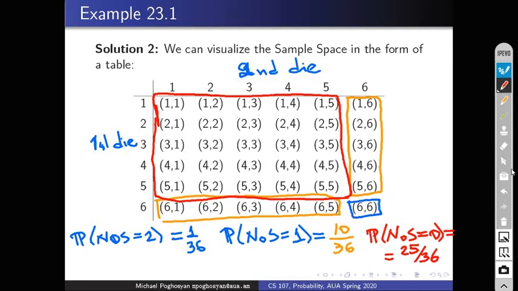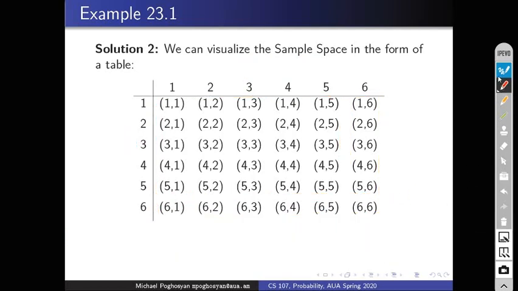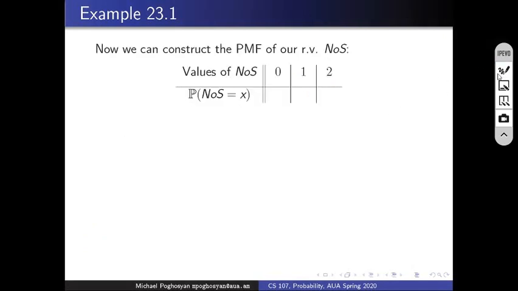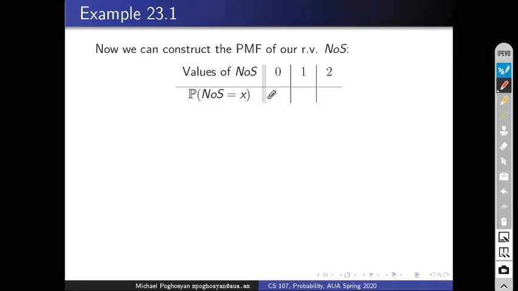Okay, so if we move forward, we can now fill this PMF table for our random variable NOS. So 0 with probability 25 over 36, 1 with probability 10 over 36, and here I have just 1 over 36.